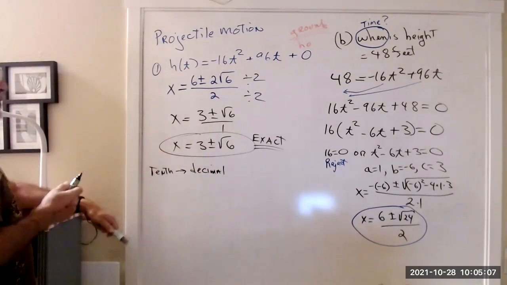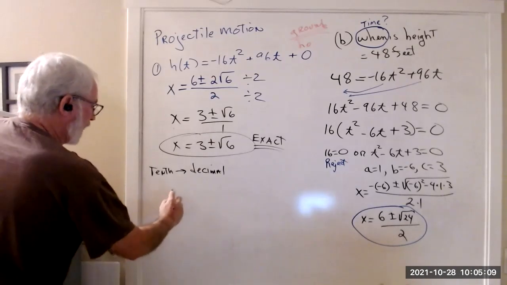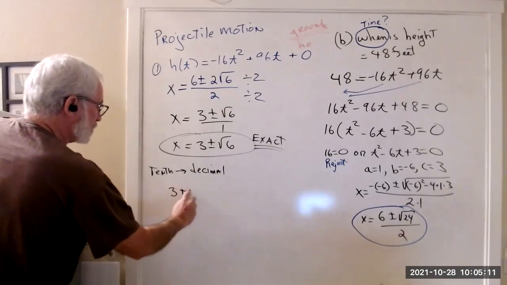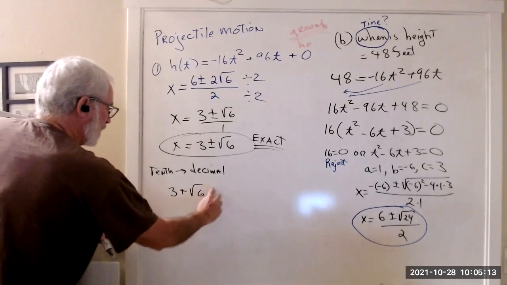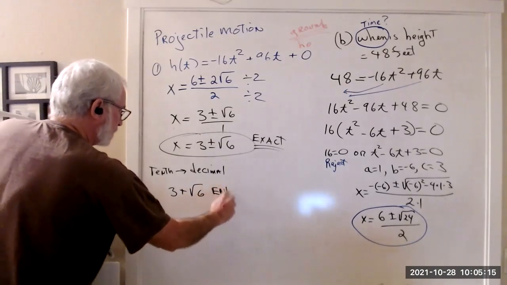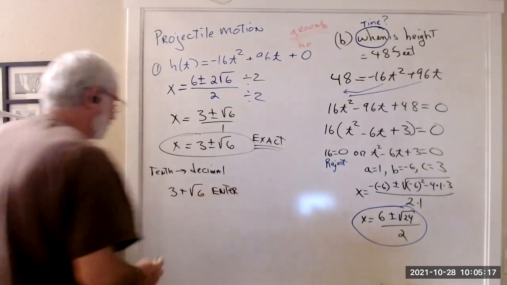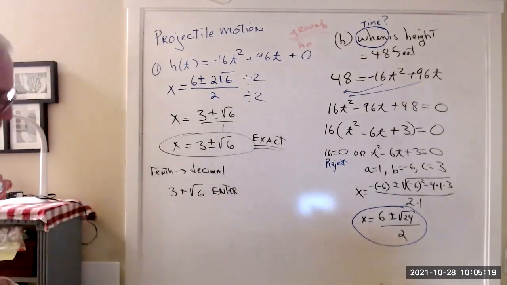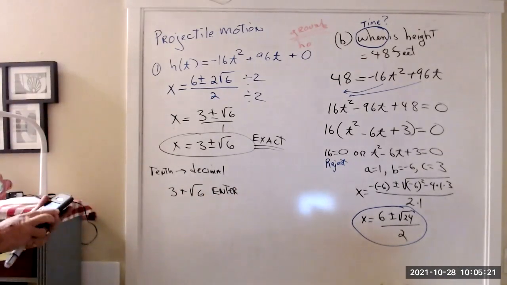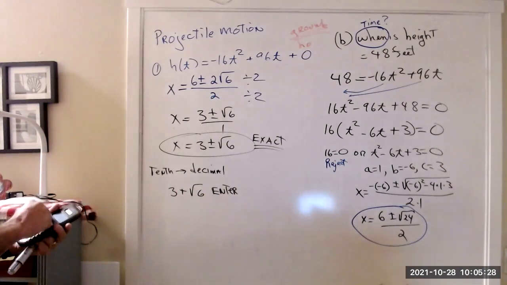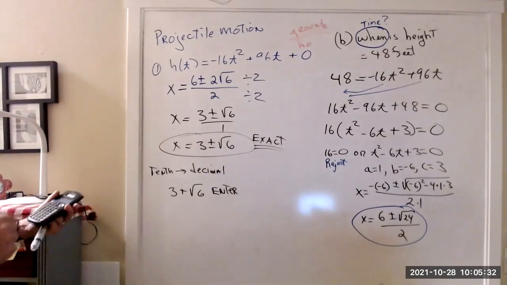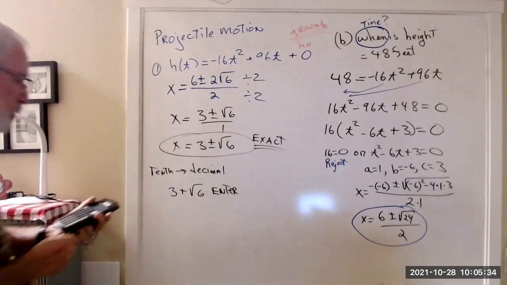So on your calculator, type in 3 plus square root of 6 and press enter. I'm going to do that. Clear. 3 plus square root of 6, enter. And you got square root of 6 plus 3.